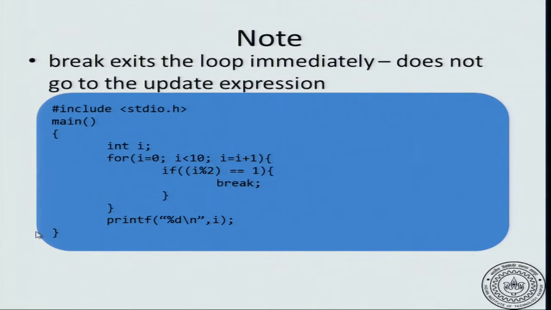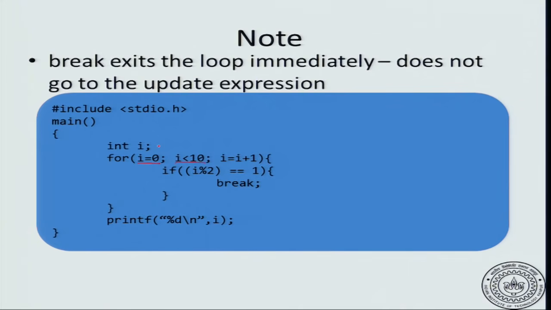One final thing about the break statement, when you use break statement initially, it is important to notice that break causes an exit immediately out of the loop. So, remember, when you have a for loop, the normal execution order is you initialize, then you test.